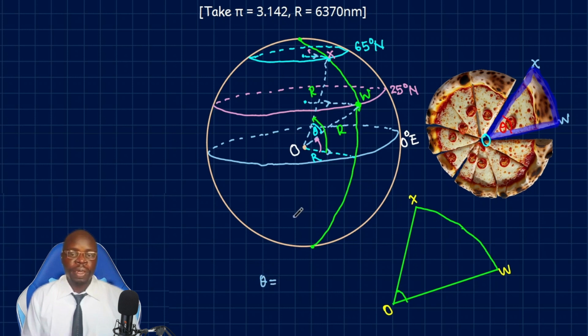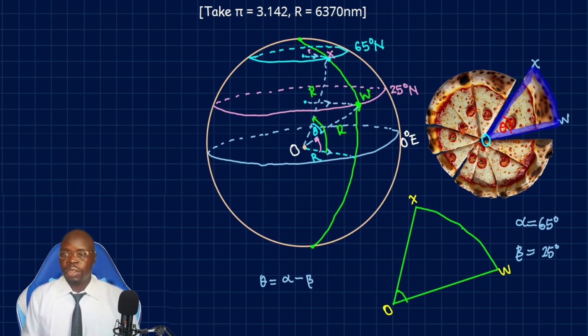if you wish, you can make some mini substitution here where we call the first one here, that is the biggest one, alpha being equal to 65 degrees, and beta being the small one here, and that is 25 degrees. So the angle difference theta is alpha minus beta.